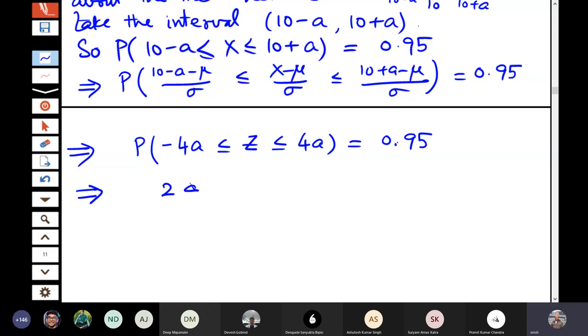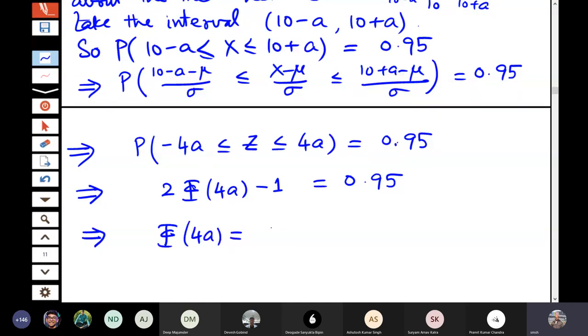That is 2 times phi of 4a minus 1 equal to 0.95, because phi of 4a minus phi of minus 4a, and phi of minus 4a I write as 1 minus phi of 4a. So it becomes 2 times phi of 4a minus 1. This gives me phi of 4a as equal to 0.975.